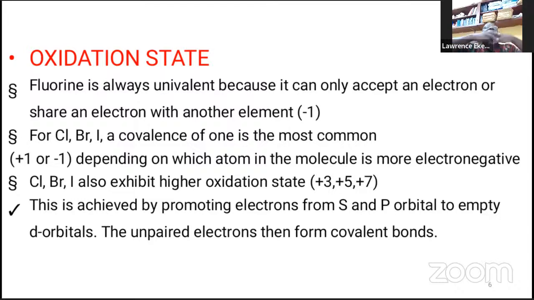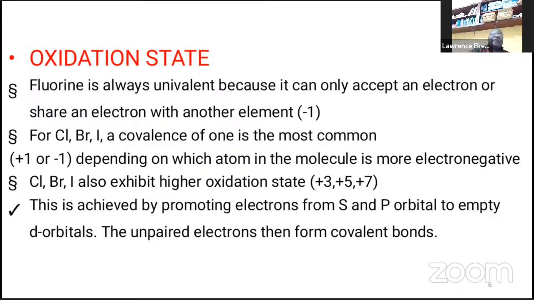They can lose the entire 7 electrons in the outer shell to have +7, or they can lose 5 of them, or 3 of them, to have +3 or +5. So chlorine, bromine, and iodine have the ability to have higher oxidation states.